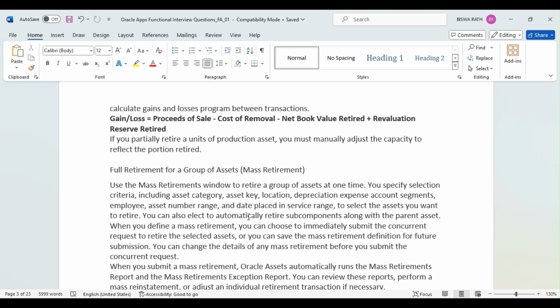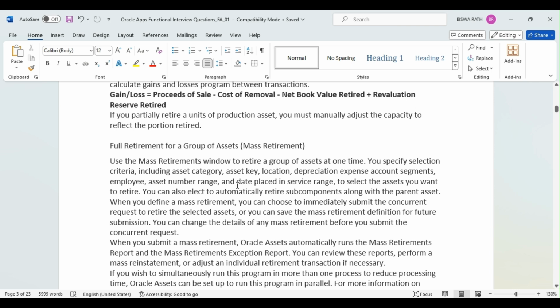Plus, if you have any kind of revaluation reserve, where your asset is in a currency other than your local currency, in the foreign currency, in that case the revaluation amounts have to be calculated before that. Okay.